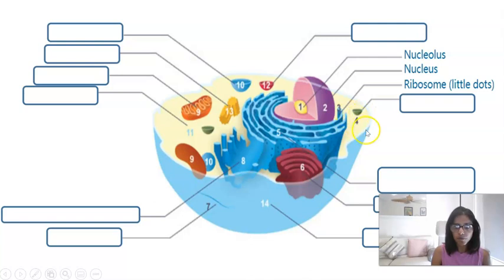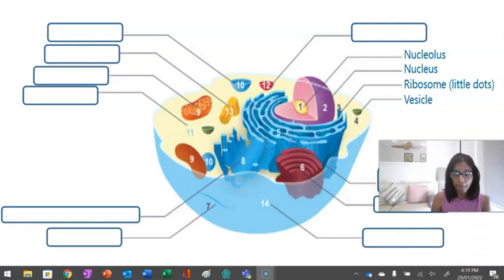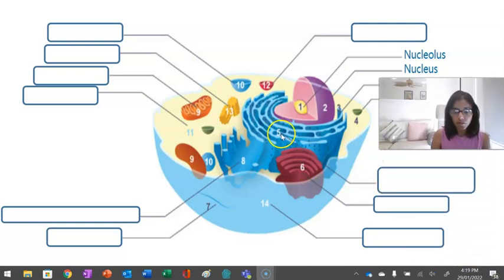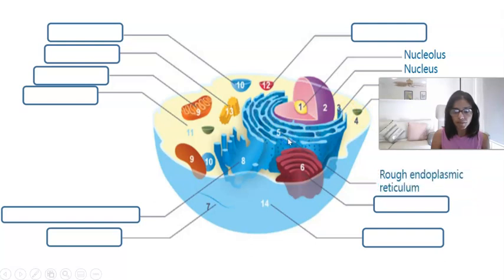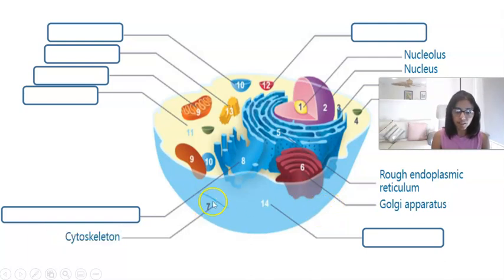Number 4, that's a vesicle. Number 5, so if that was the ribosome, number 5 is a rough endoplasmic reticulum. Number 6, Golgi apparatus or Golgi body. Number 7, cytoskeleton.